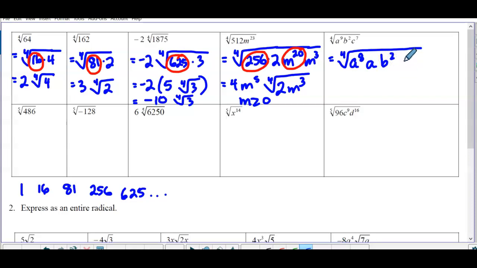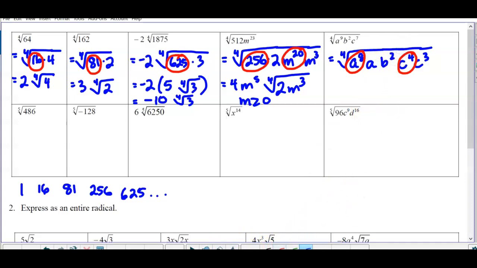C to the 7 would be c to the fourth, c cubed. Okay, next lower multiple of 4. So now that's a fourth power, and that's a fourth power. Let me do a little, this is not a fourth power. Okay.